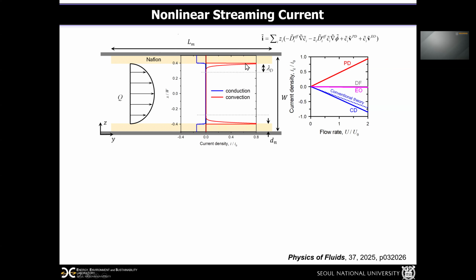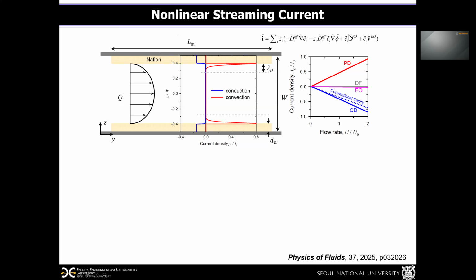The induced streaming current actually pushes back the ions, in this blue one, so that we have a very small alteration in this streaming current.